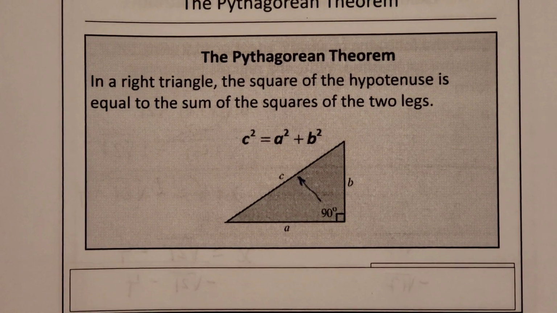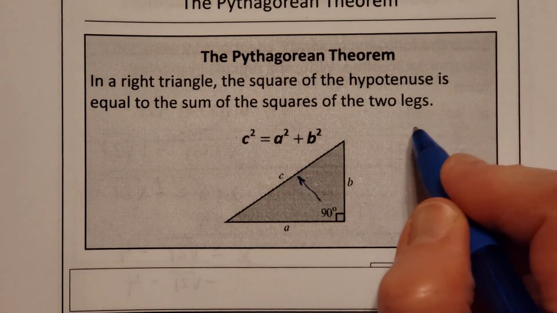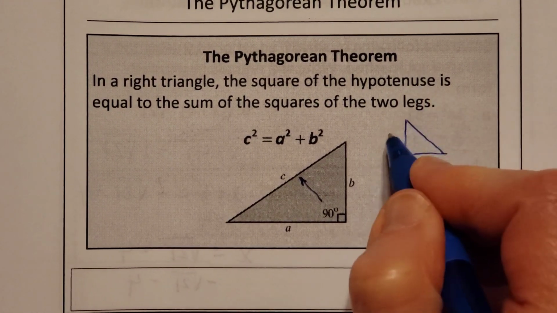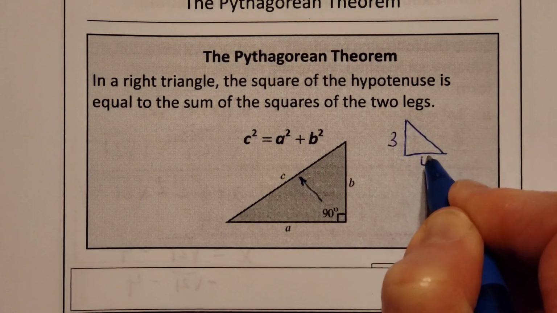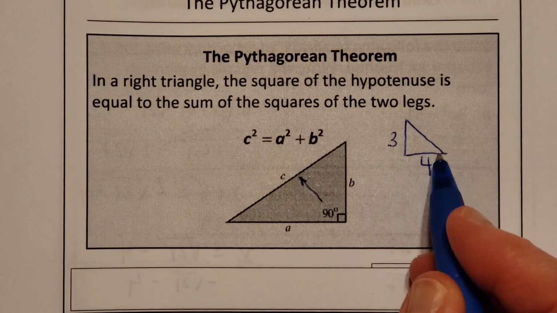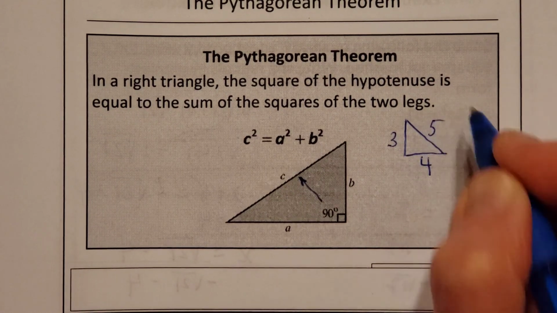And mathematicians have proved that for any right triangle, if you take the two side lengths, let's say we have one leg that's 3 centimeters, one leg that's 4 centimeters, and a hypotenuse of 5 centimeters.